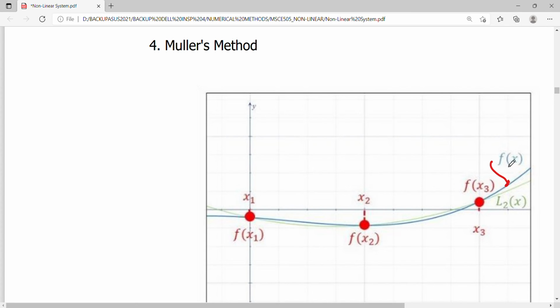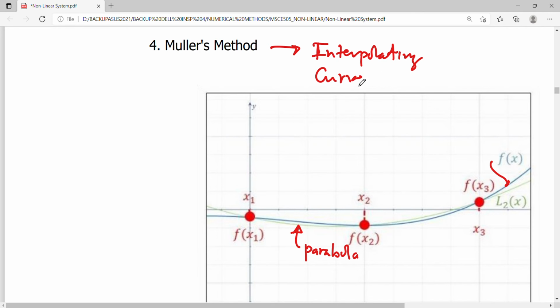This is the function. So, yung green line dito is a parabola. The only difference between Muller's method and the linear interpolation method is that the interpolating curve is a parabola.